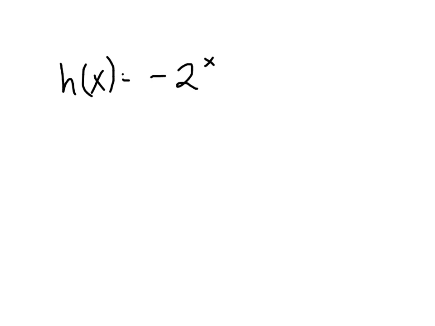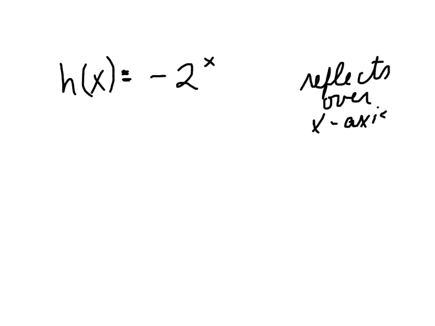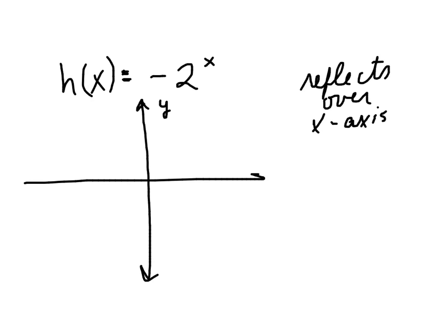Okay? This time, if you recall back from chapter 2, a negative on the outside reflects it over the x-axis. So just by saying that out loud, we then have something that comes in here.